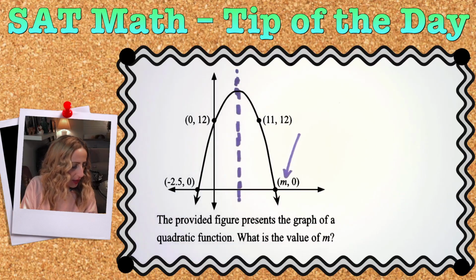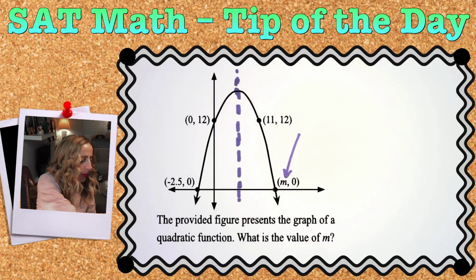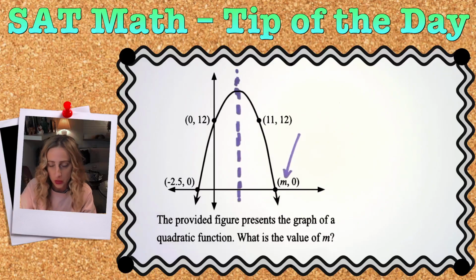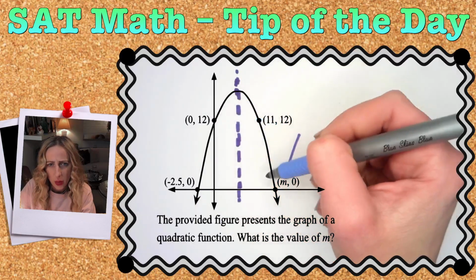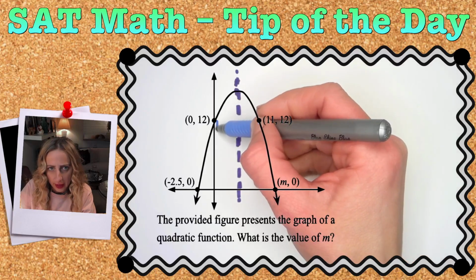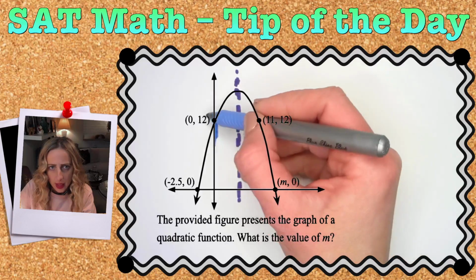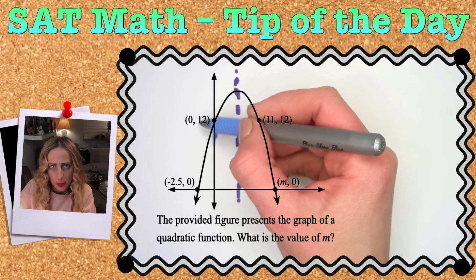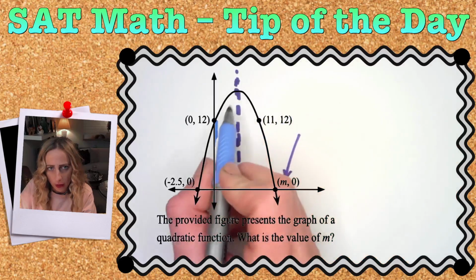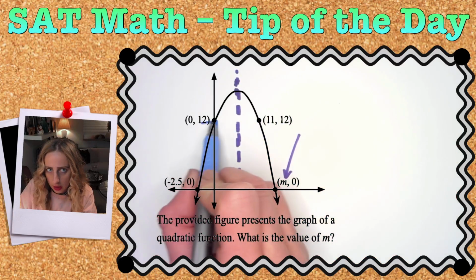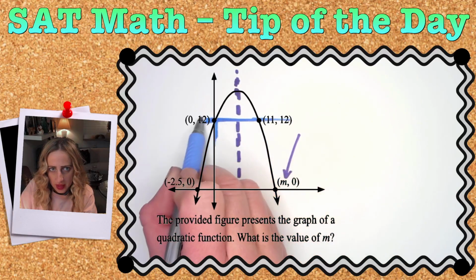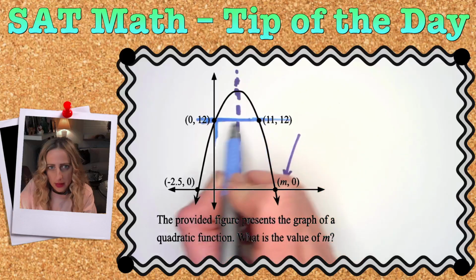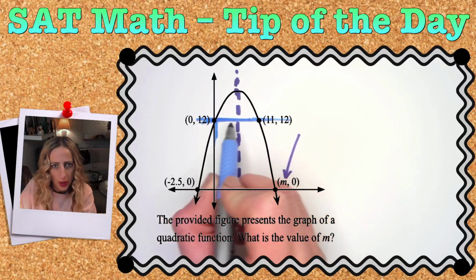There's a few ways, more roundabout ways, longer ways, faster ways, but time is money. We want to be as quick and as efficient as possible. So if I wanted to know the value of m over there, since this is 0, 12, and this is 11, 12, that means that they are cutting through the parabola at the same height, so they are symmetrical to one another.